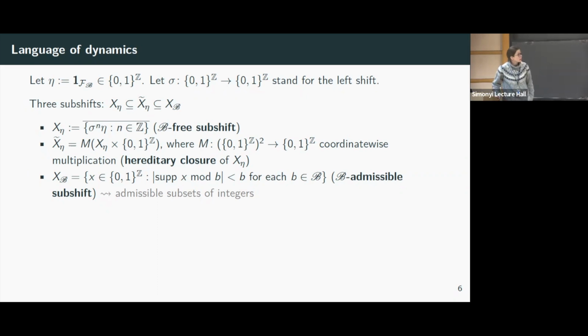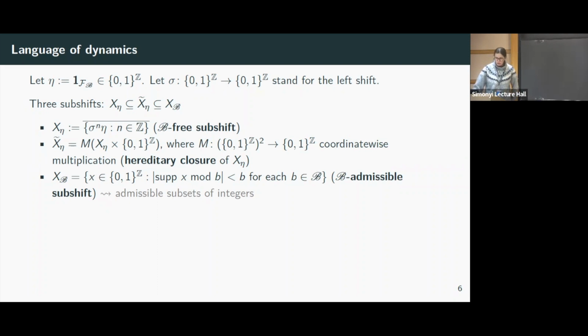The second one, X eta tilde, is the hereditary closure of the B-free shift, which means that you take your B-free shift and you can replace ones by zeros. That's the operation you're allowed to do without falling out of your subshift. So in other words, if M stands for coordinatewise multiplication, X eta tilde will be the image of X eta times the full shift by M. And finally, we have the largest of these 3 subshifts, namely the B-admissible subshift.